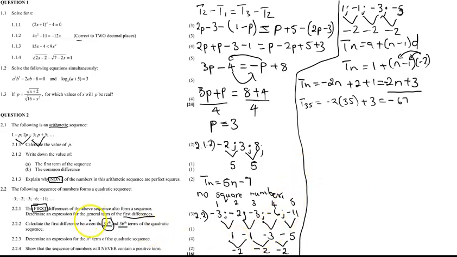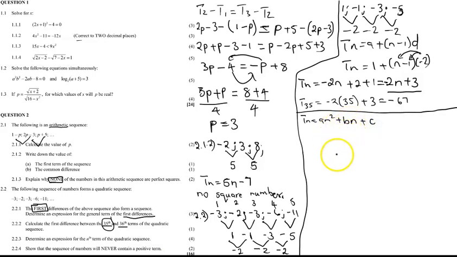And then they say to us, determine an expression for the nth term of the quadratic sequence. So now we are looking for the general formula for this one, which we know is Tn equals an squared plus bn plus c.